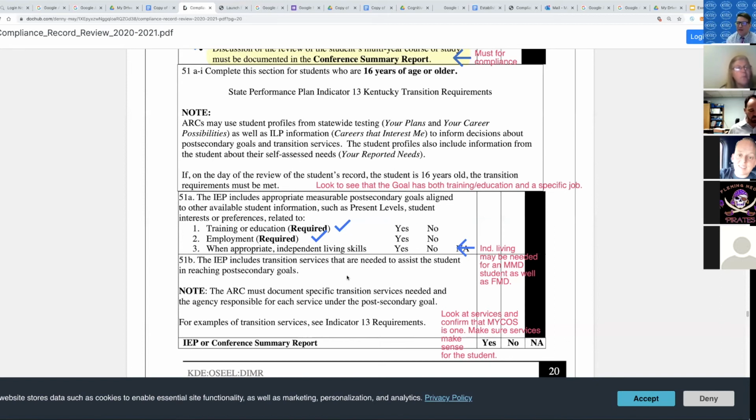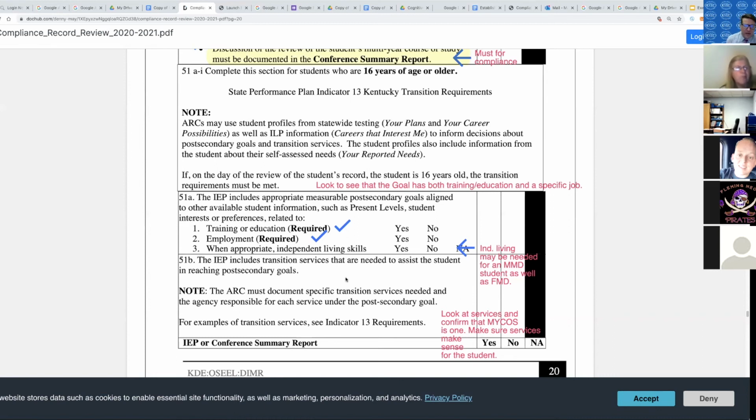But lots of times people will say something like this. They'll say the student is going to get a certificate or an associate's degree at Big Sandy, and they've got that piece okay. And then they say, to get a job in the retail industry. We want a specific job right there. So that would be a no-no.